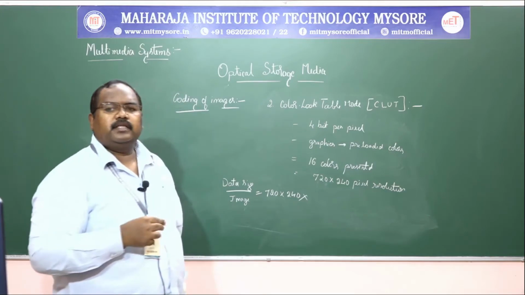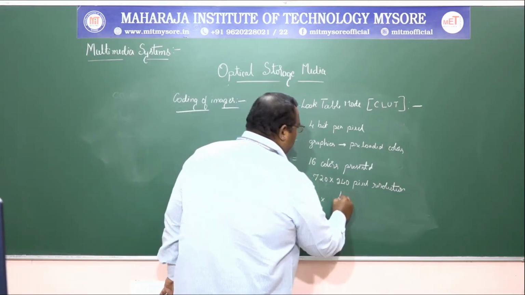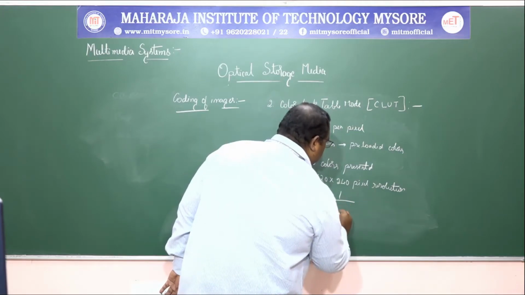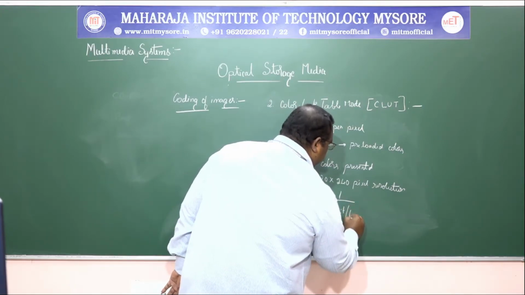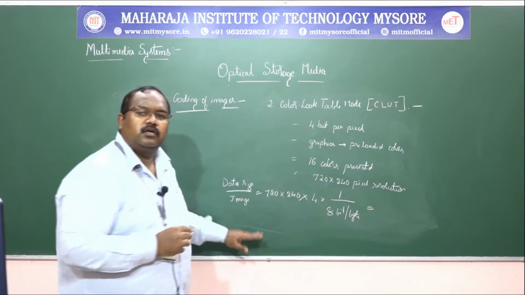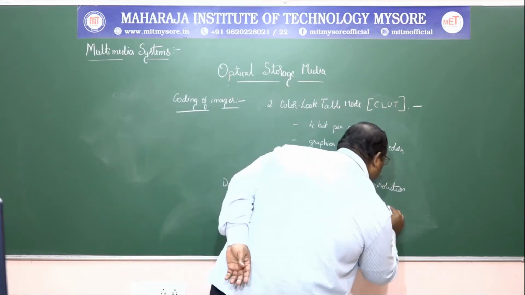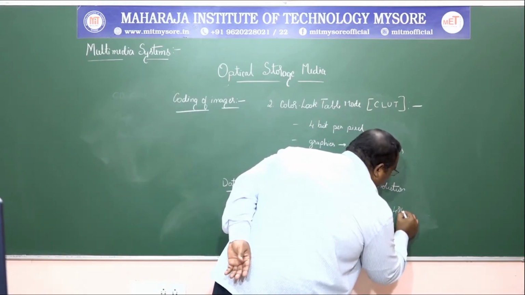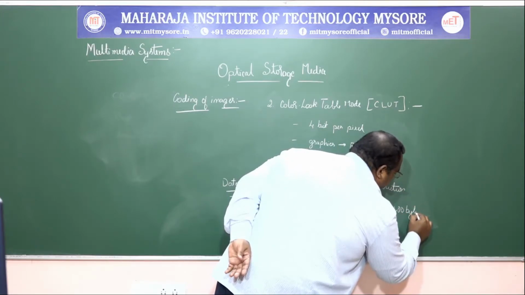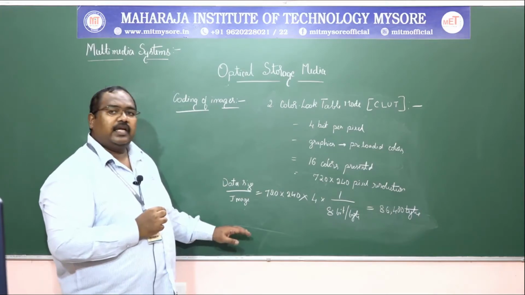Next, how many bits are we using? 4, into 1 by 8 bits per byte. So that would yield a data size of almost 86,400 bytes of information.